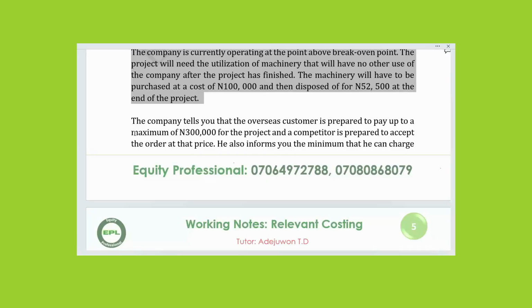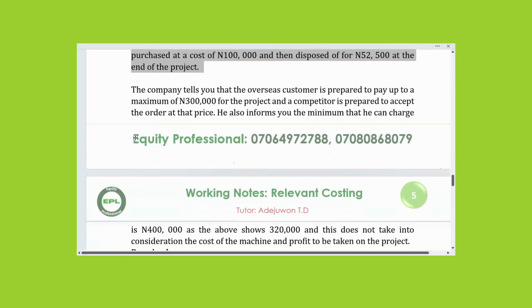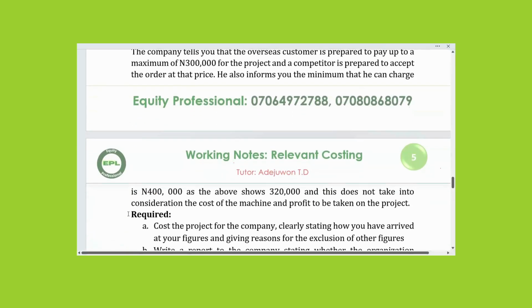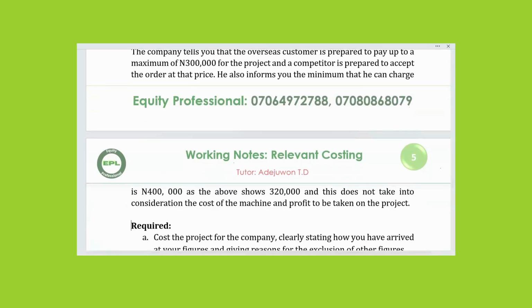It also informs you the minimum that he can charge is 400,000 naira. As the above shows 320,000 naira, and this does not take into consideration the cost of the machine and profit to be taken from the project.